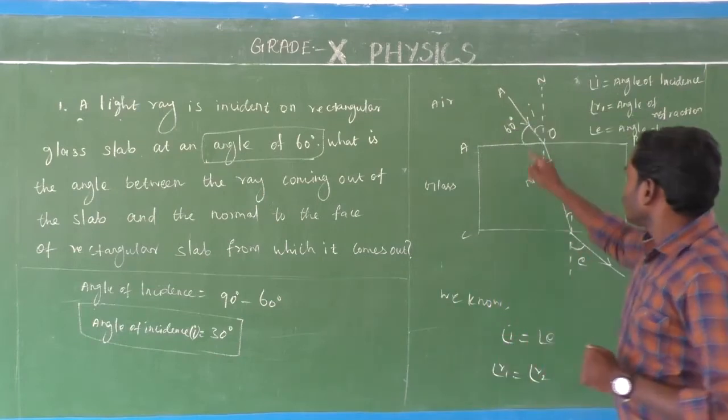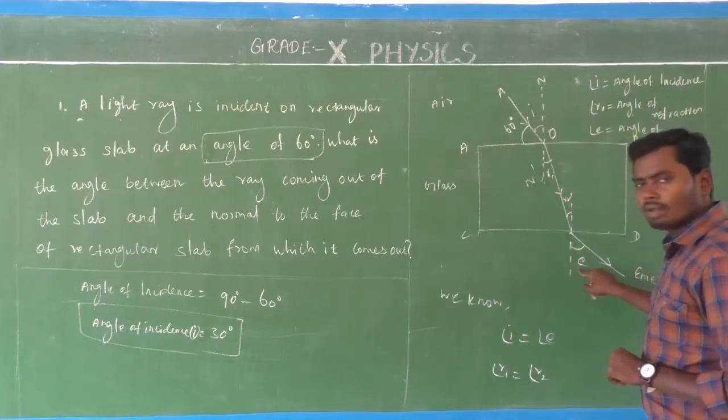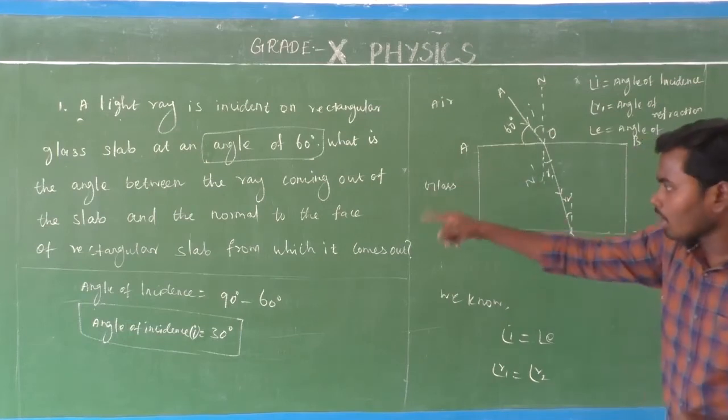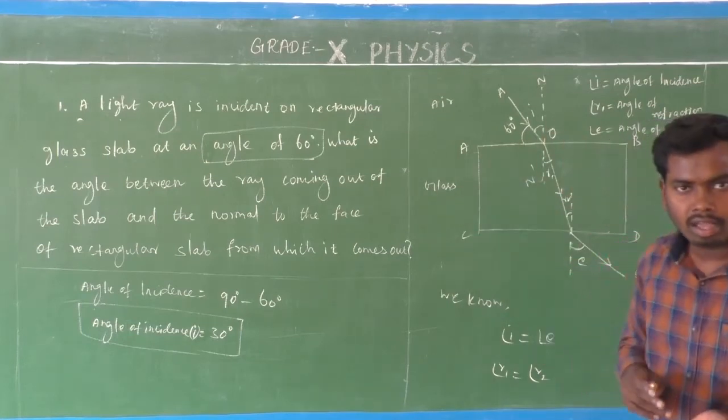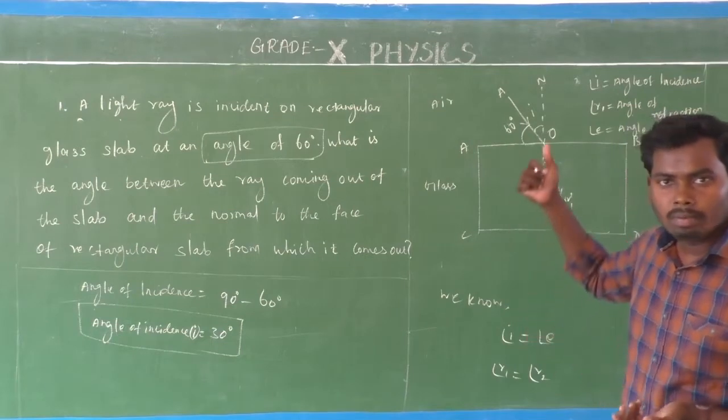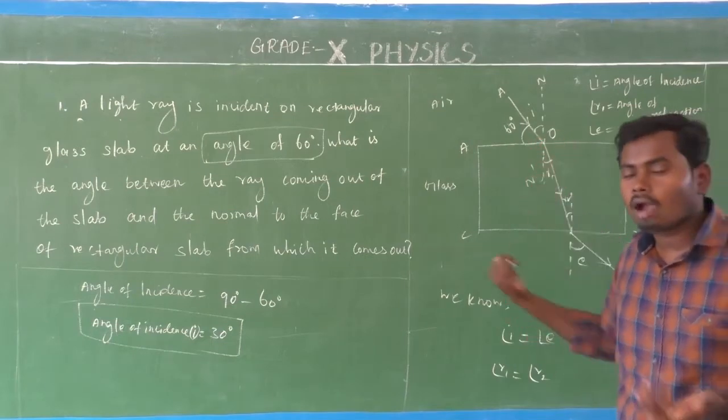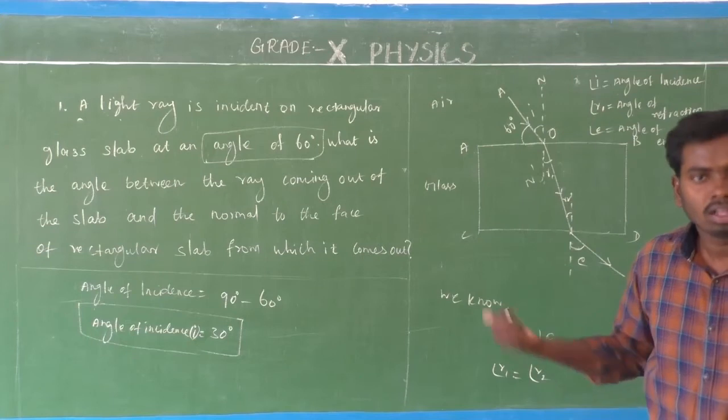Already we know the angle of incidence is equal to the angle of emergence. So if the angle of incidence is 30 degree, what will be the angle of emergence? That is also 30 degree.